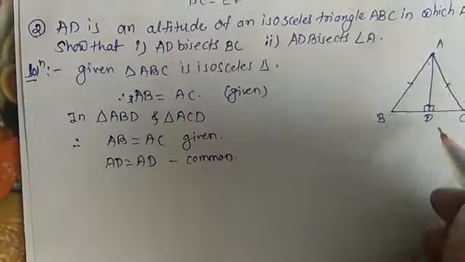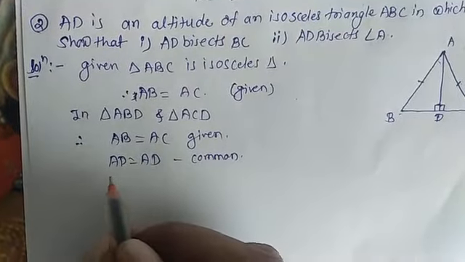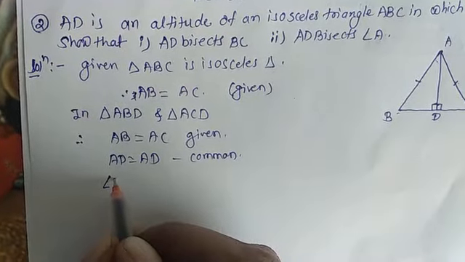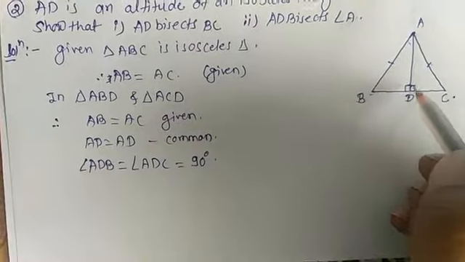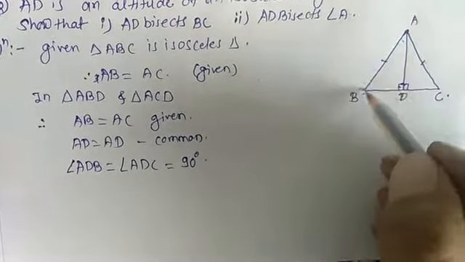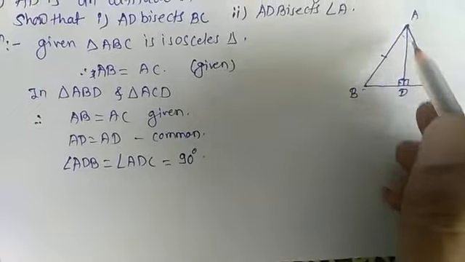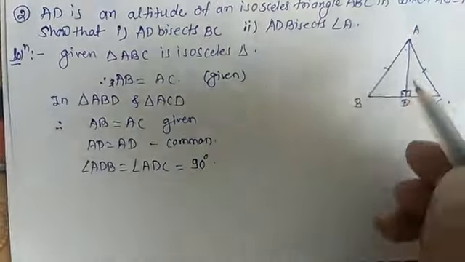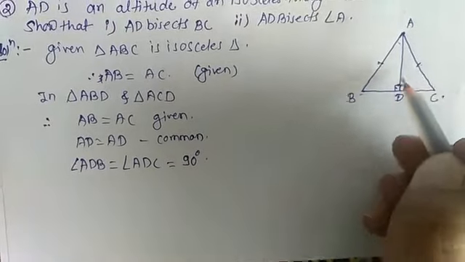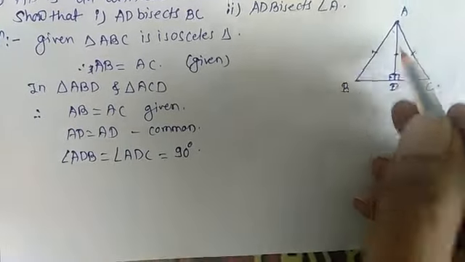And angle ADB is equal to angle ADC is equal to 90 degrees. That means AB and AC are the hypotenuses of triangles ABD and ACD, and they are equal, and one side is equal, that is the common side.